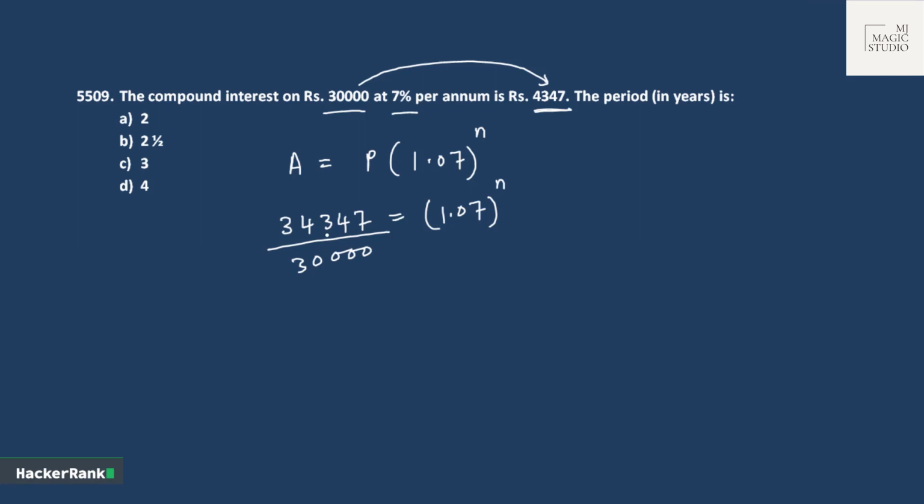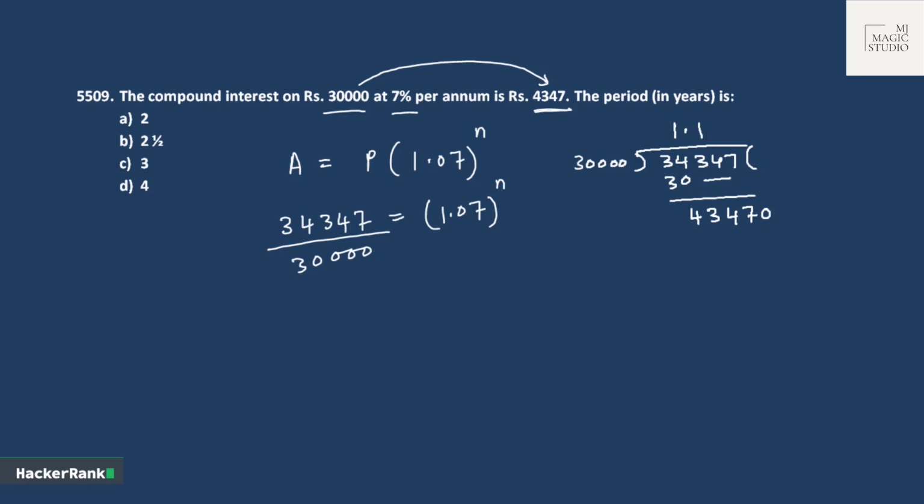So let's divide and find this value, then we'll compare this with 1.07. 34347 divided by 30,000. We can also multiply 7% with 30,000 and then multiply again by 7%, and we can calculate it that way. Once 30,000 will be 43470.